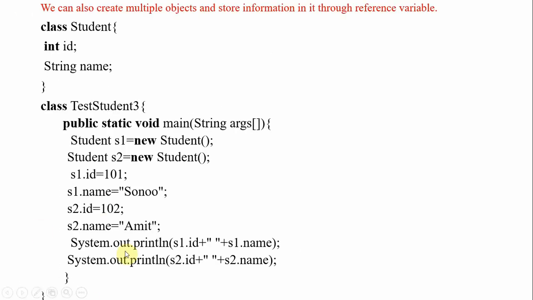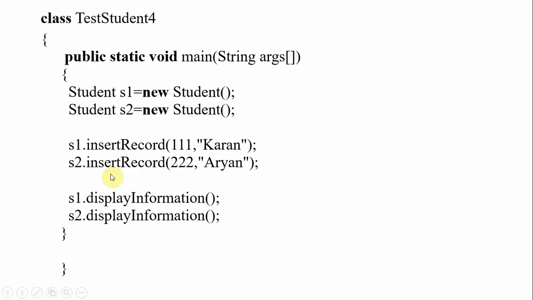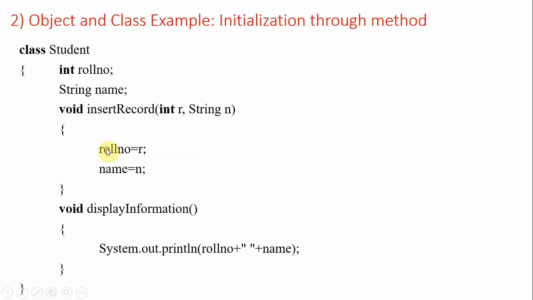In previous examples we directly passed the values to the variables, like s1.id = 101. But here, we can pass the values to the method. That means we are initializing the objects through methods. Whenever we pass the values, 111 here and Karan here, those can be stored here and those can be printed here.